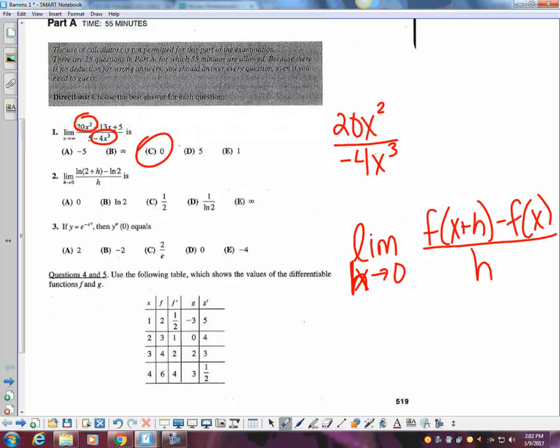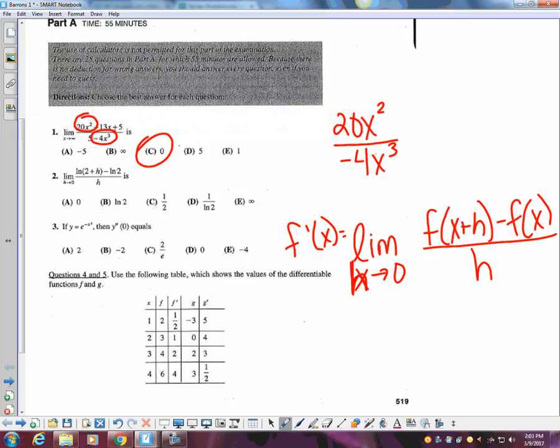Y'all remember that? So this you need, because you need to see how number 2 kind of fits it. If this is the definition of a derivative, you're going to use this formula to help you figure out the limit. So can anybody see what f of x is?